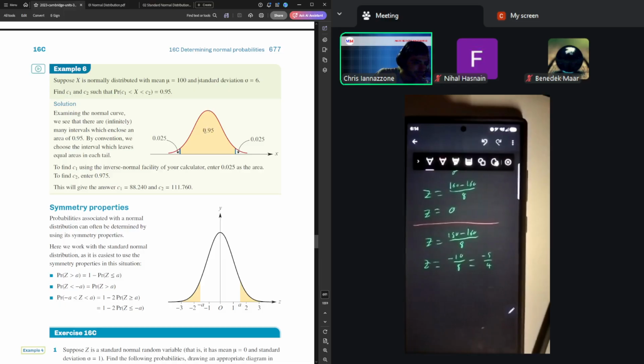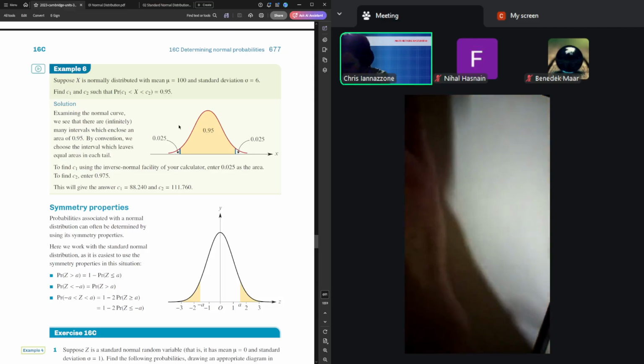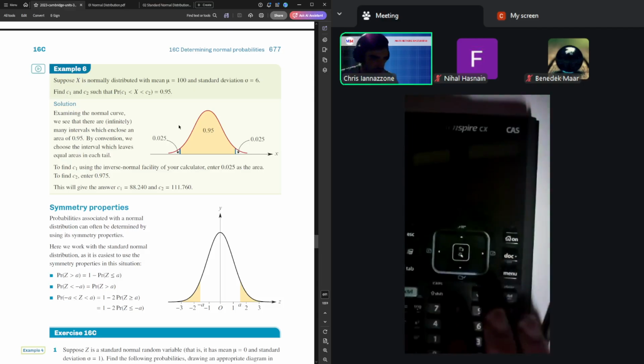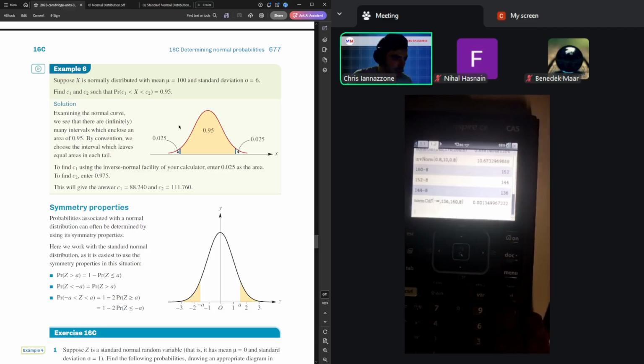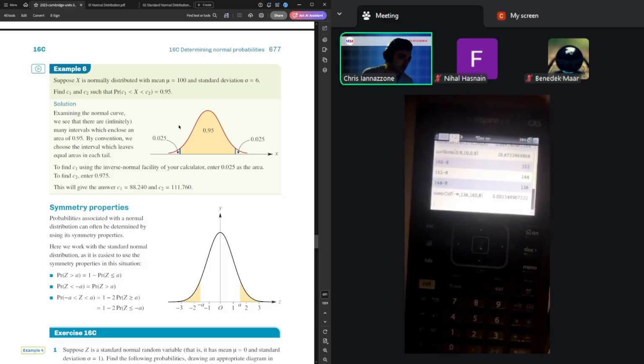As for how you do it, just remember that if you're using TI-Nspire, it's always got a left-pointing area. So to show what that means, yes, we're given 95% as the boundary, but we need to know what's left over as well.